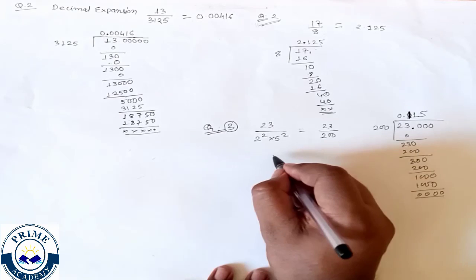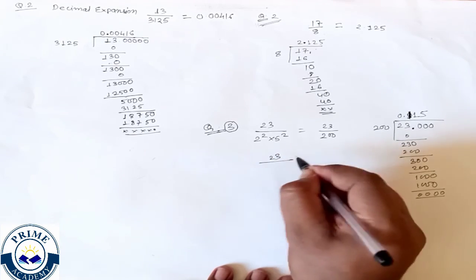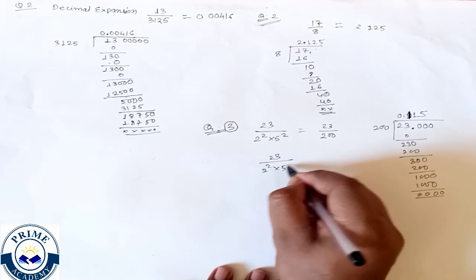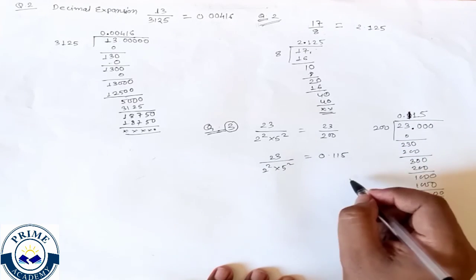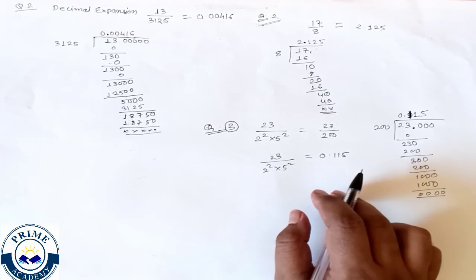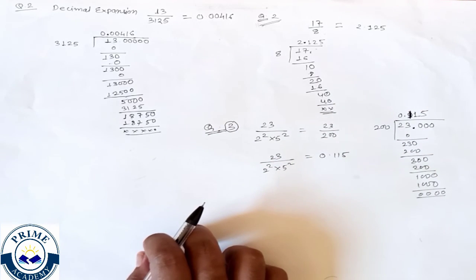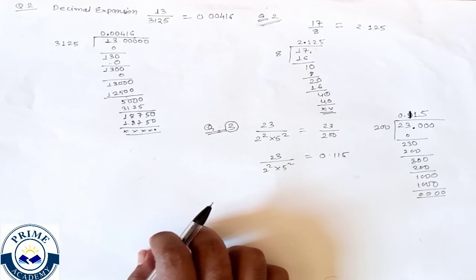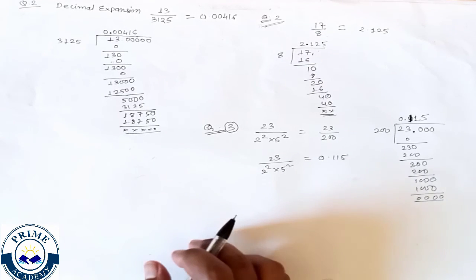So simply, the decimal expansion of this, 2 squared into 5 squared, will be 0.115, this will be the right answer. So this question is just saying that you have to calculate decimal expansions of rational numbers. How will you do it? You just divide, and you will get the right answer.